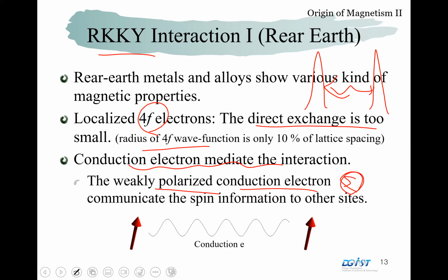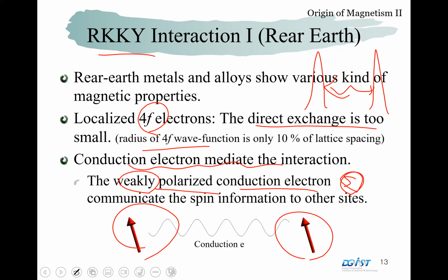But this polarization of the conduction electron is not very heavy. So we say that is the weakly polarized conduction electron. Then they can communicate with the f electron. So this is the model called the s-f interaction or s-d electron interaction.